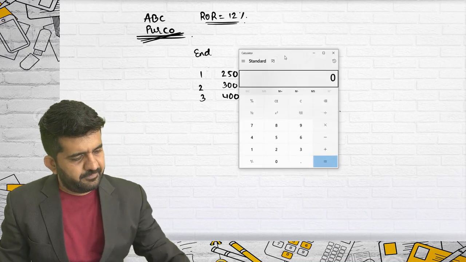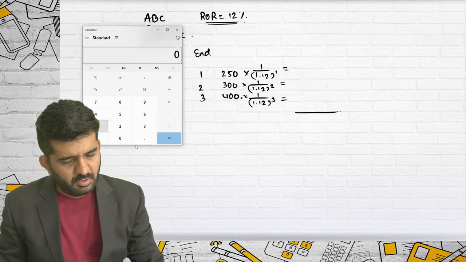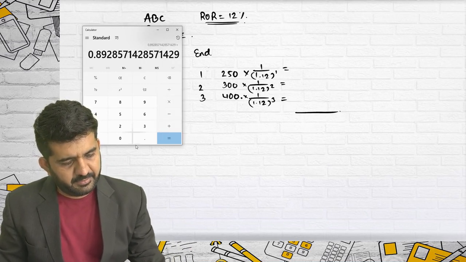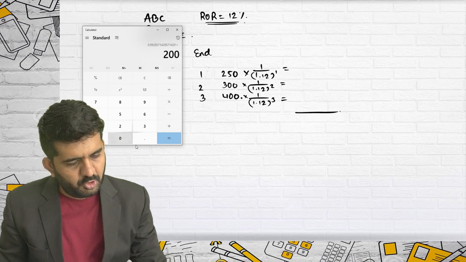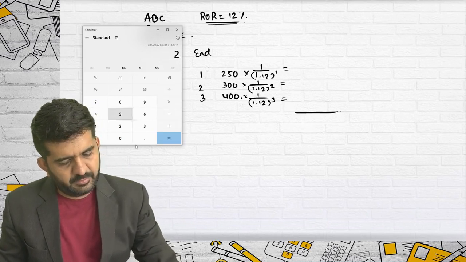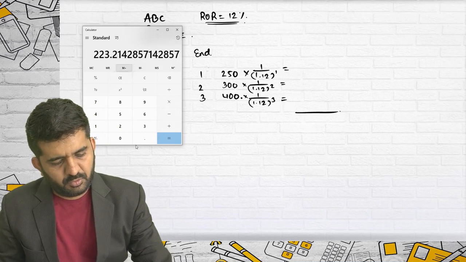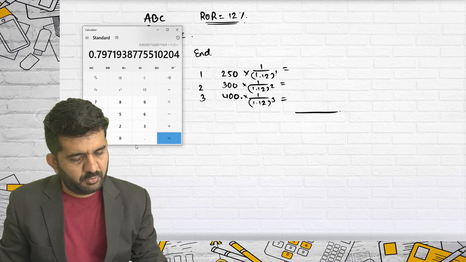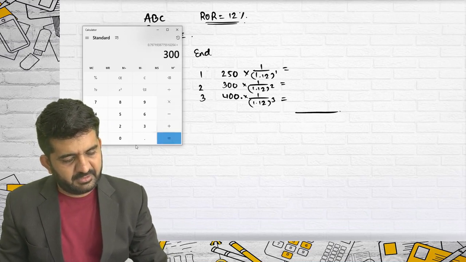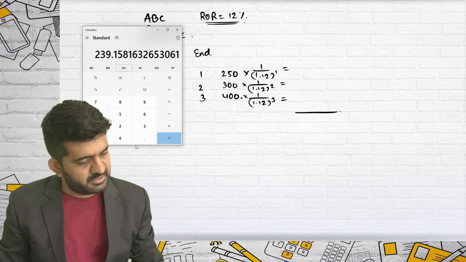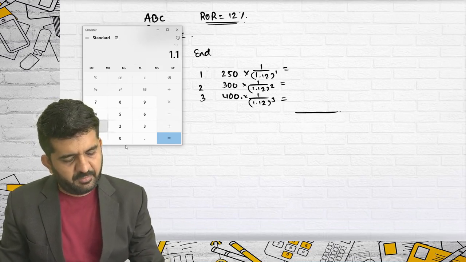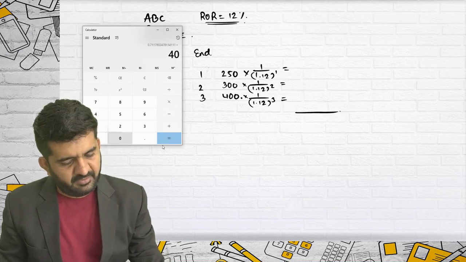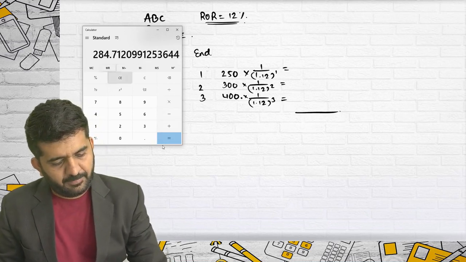1 divided by 1.12 multiplied by 250 is equal to m plus. 1 divided by 1.12 multiplied by 300 is equal to m plus. 1 divided by 1.12 multiplied by 400 is equal to m plus.